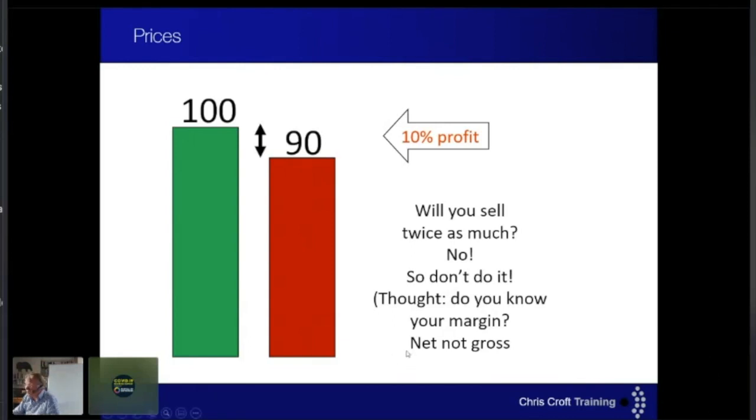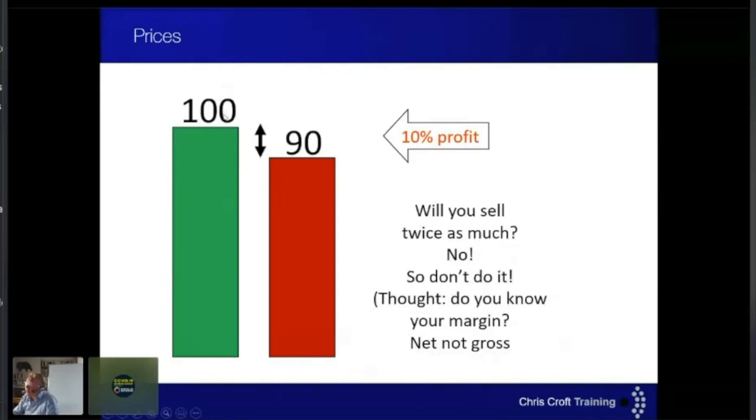So your net profit is usually only 5 or 10% in most companies, whereas your gross profit, quite often you're doubling the price of something. So it's 50% gross margin if it's cost you 50 and you sell it for 100. So gross and net profit are very different. And we're talking net profit here after all of your costs.